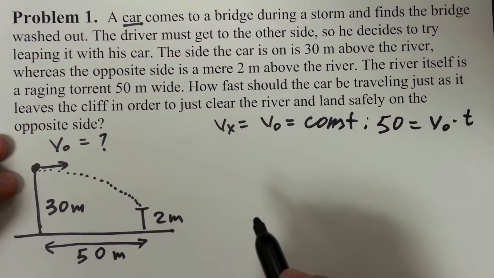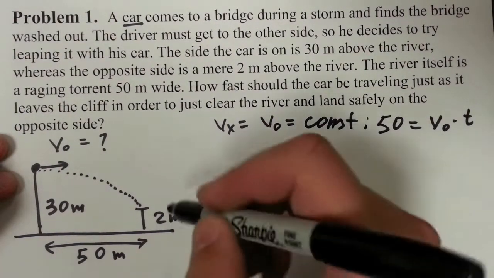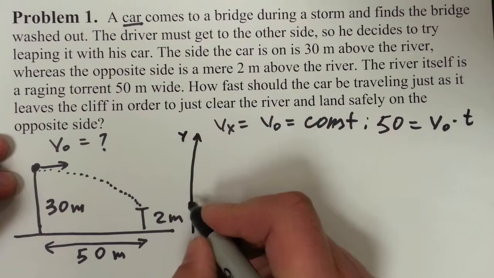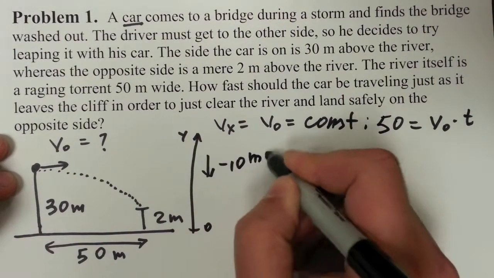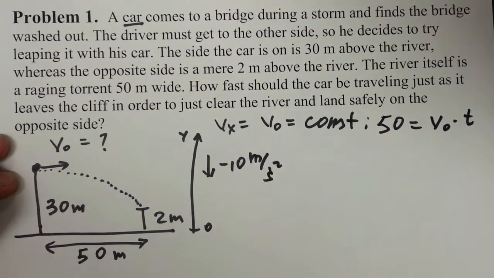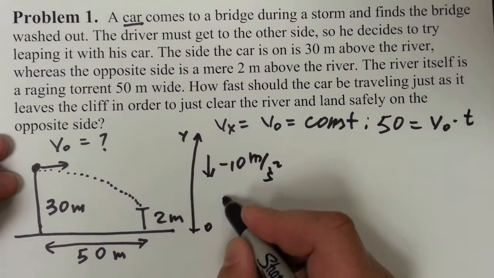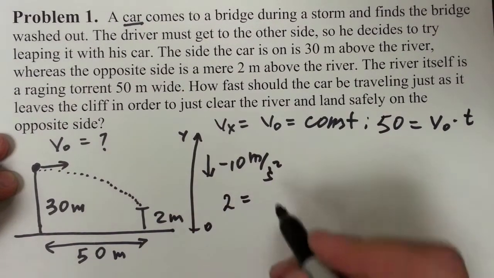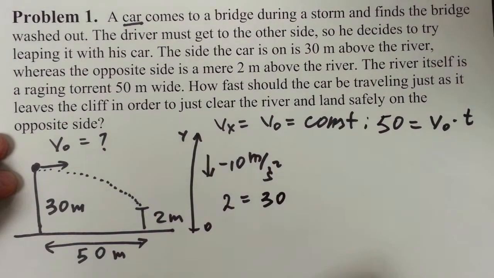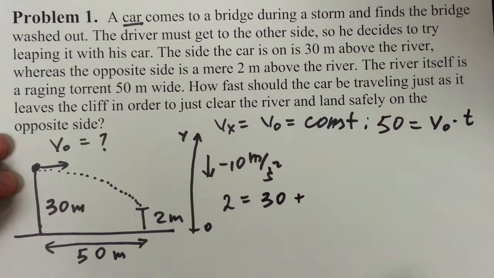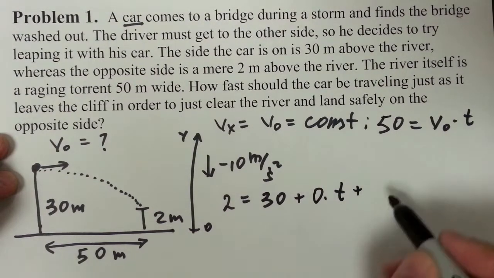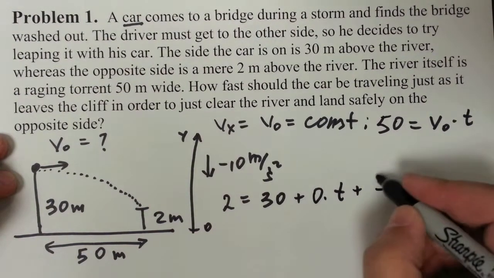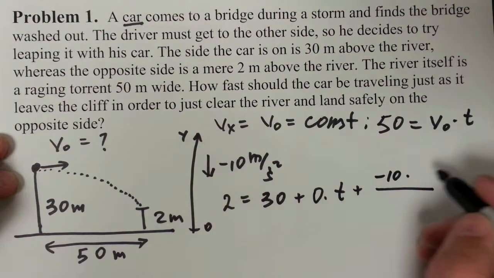And on the other hand, we can make an assumption that the positive y-axis points up, so final vertical position should be equal to initial vertical position plus the initial velocity has no vertical component, 0 times time, plus, well, the acceleration points down, and we round it up.